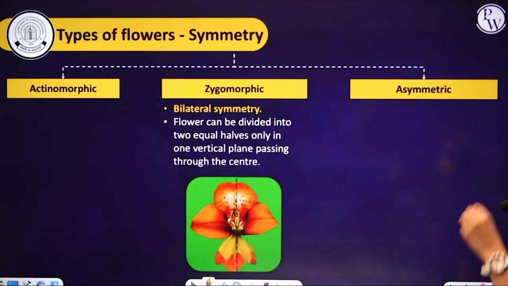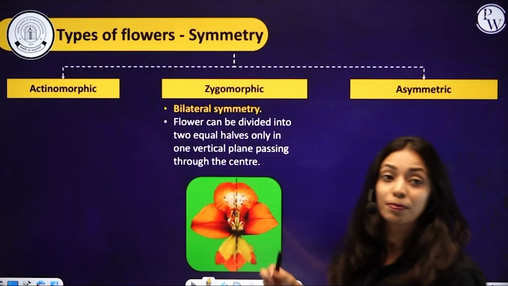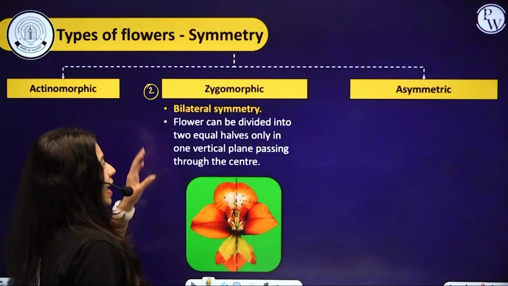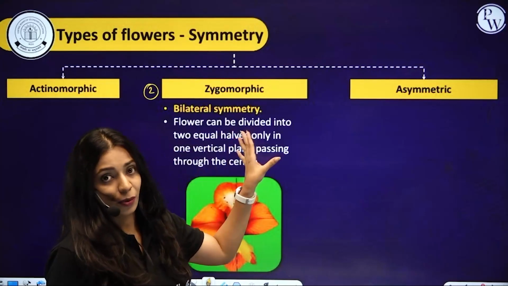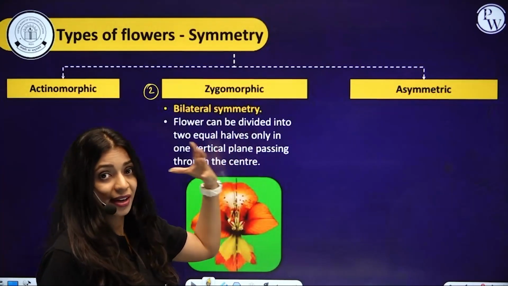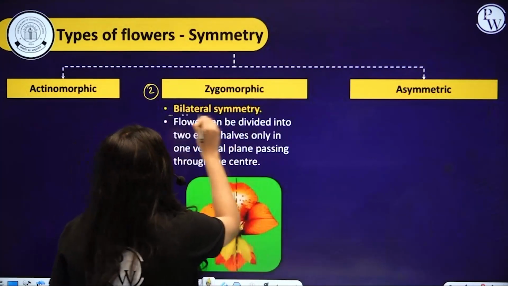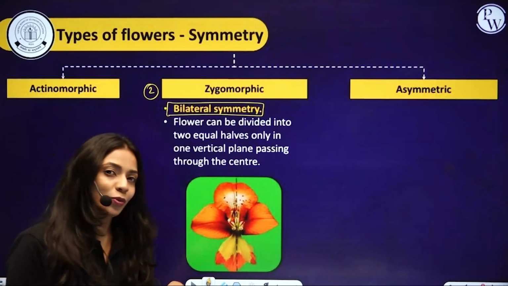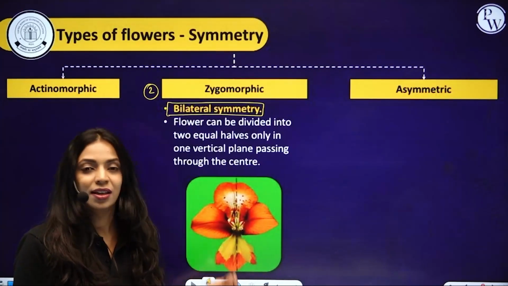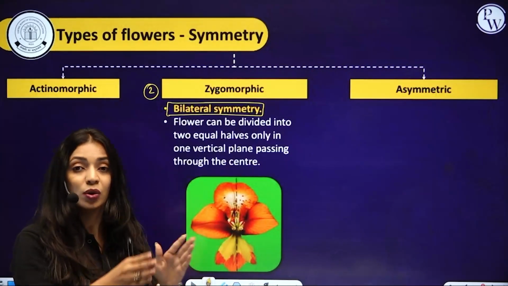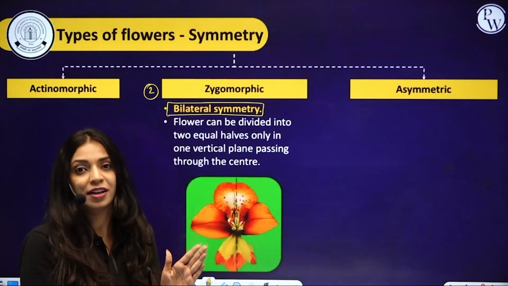Now let's move on to learn about the second type of flower based on symmetry, which is zygomorphic flowers. When we say flowers are zygomorphic, we mean to say that these flowers exhibit bilateral symmetry. Now what do we mean when we say bilateral symmetry? In these flowers, you can obtain two equal halves only when you cut it through one vertical plane.